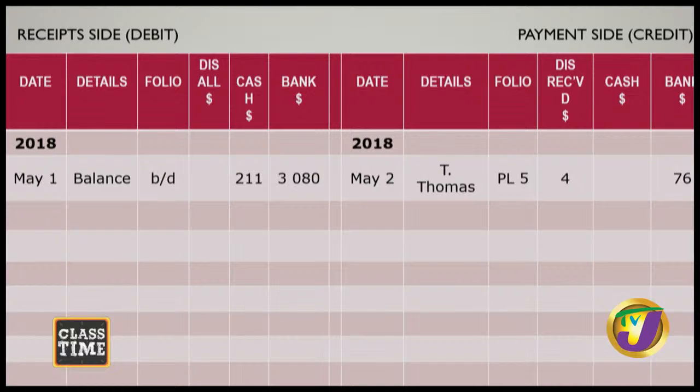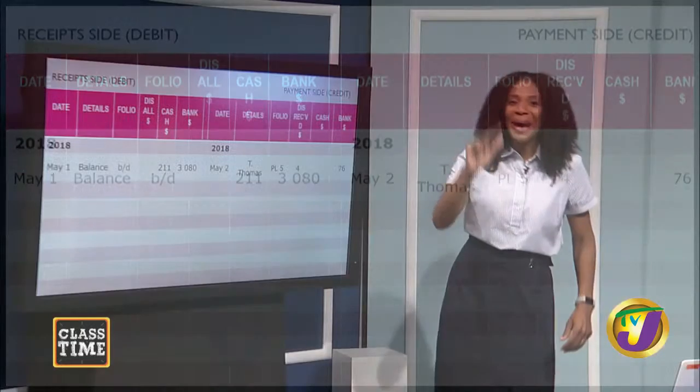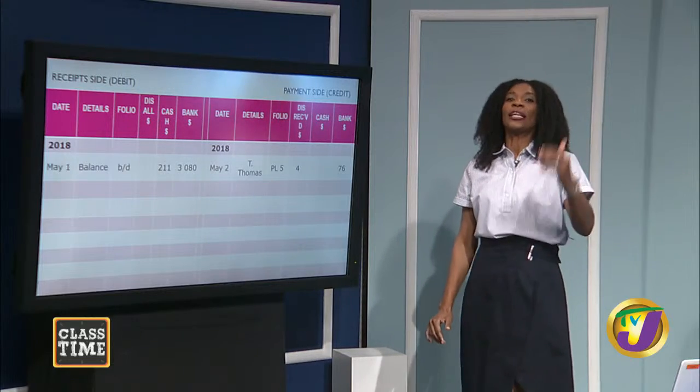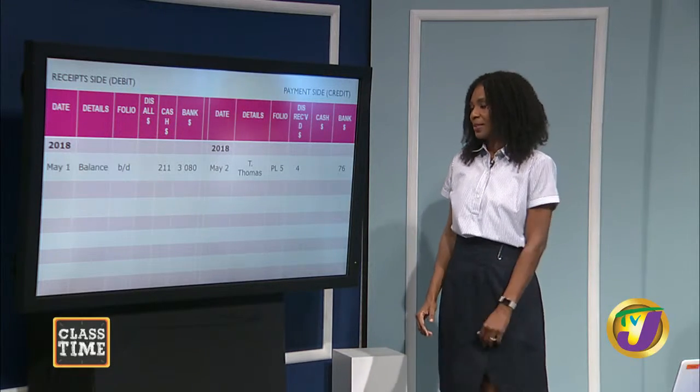How much were you supposed to pay before? $80. So what you will do now, you will minus the $4 from the $80, and you will only have to pay $76. So the $80 minus the $4 will give you $76.